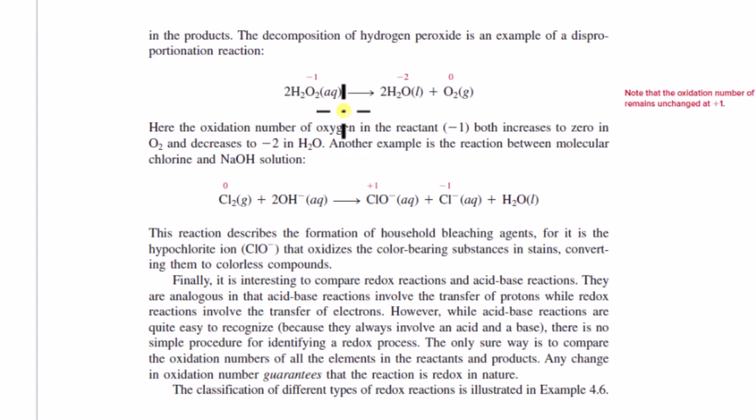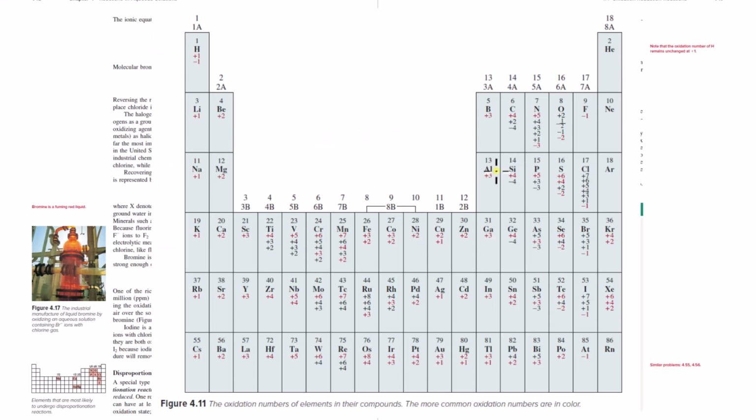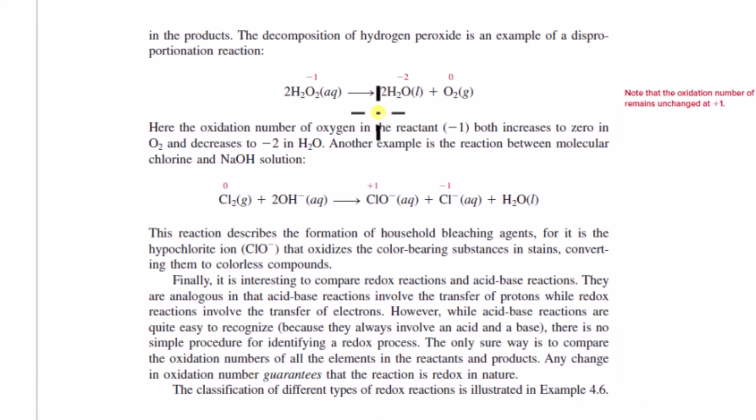And so if you think about the potential oxidation state chart, what they're saying is that it's necessary to have the element that's going to be both oxidized and reduced have at least 3 possible oxidation states, like oxygen does, or any of these elements with more than 2 oxidation states. Because otherwise it's not going to work, right? You have to start with 1 oxidation state on the reactant side and then go to 2 different oxidation states on the product side. And that's what happens here.